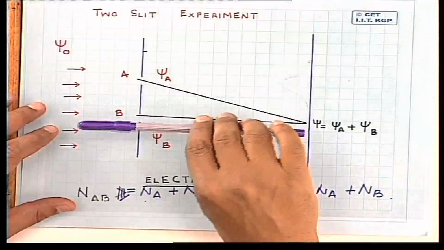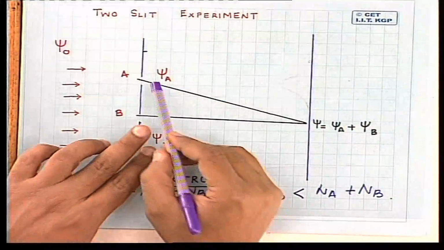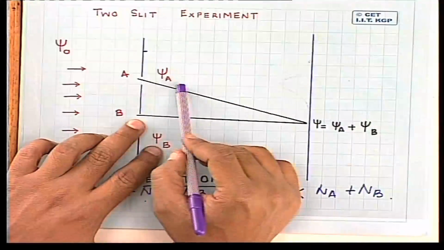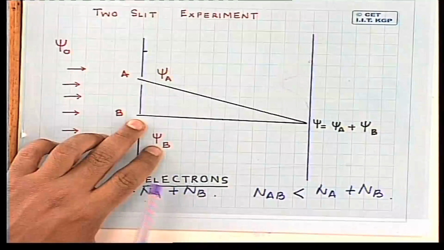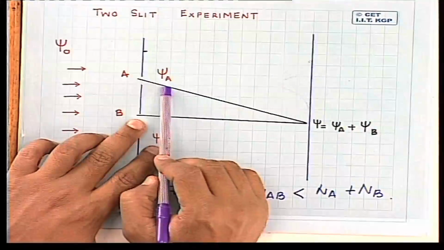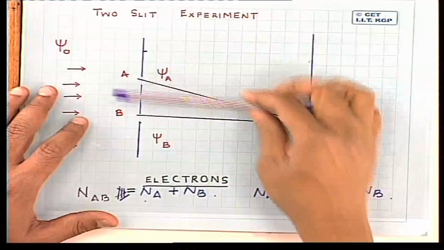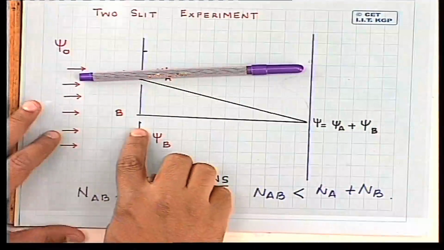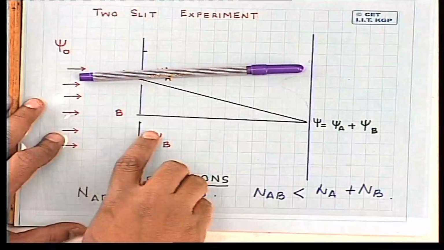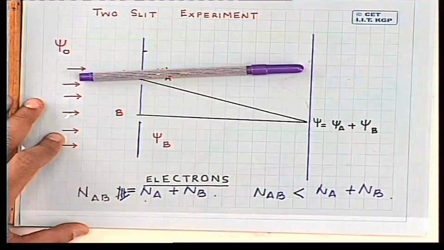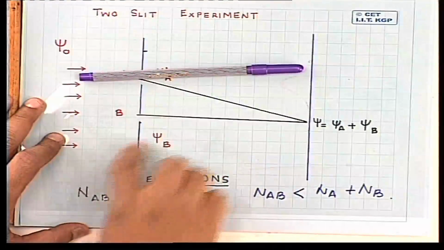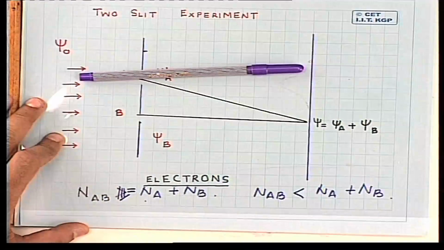So, in this situation, when only slit A is open, there is one secondary wave coming out from the slit A, which describes the behavior of the electron when only one slit is open. Similarly, when only slit B is open, we have a secondary wave coming out of slit B, and this describes the situation when only this slit B is open.